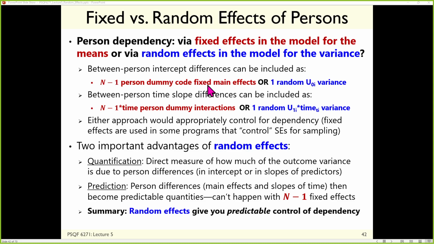Or you want to be able to make statements like, 4 out of 5 children improved due to my treatment, or something like that. So fixed effects is when the desired inference is that specific unit. Random effects is when you want to know why those differences are there.